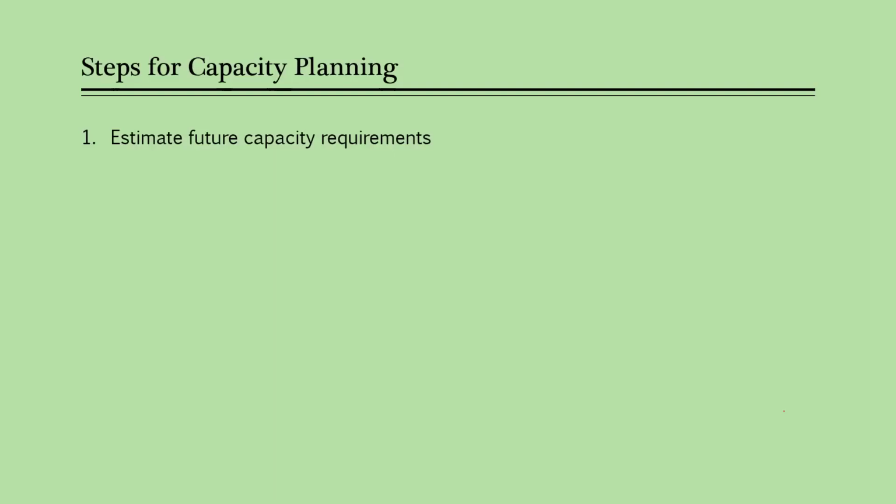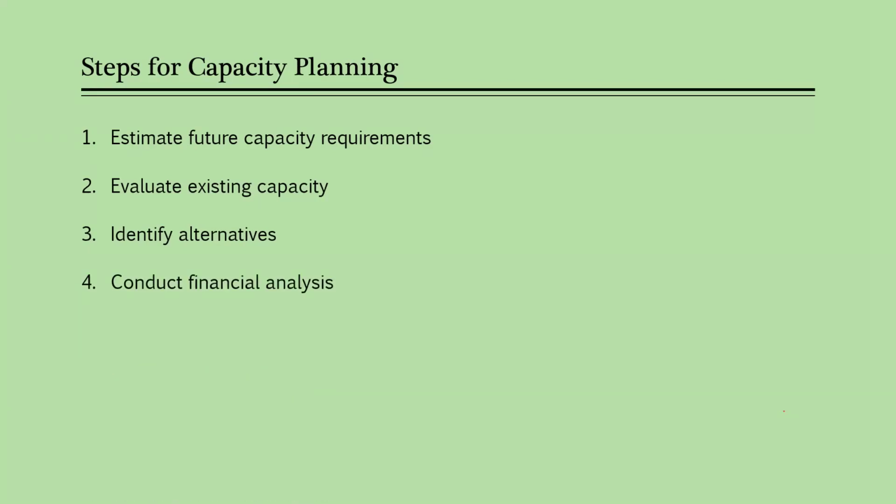First, as I mentioned earlier, we have to estimate the future capacity requirement. Then we have to evaluate the existing capacity. Then we have to identify the possible alternatives we can pursue. Then we have to conduct financial analysis through ratios.